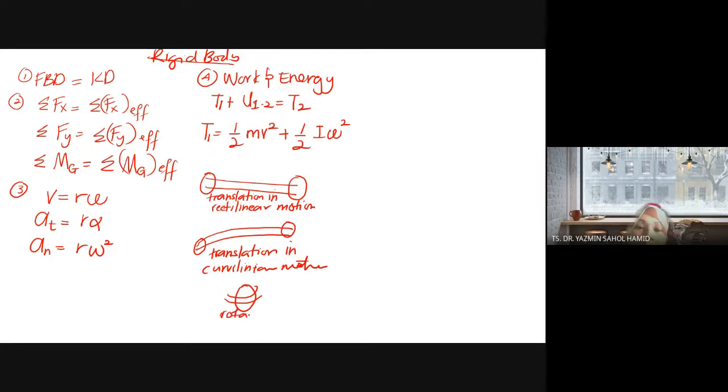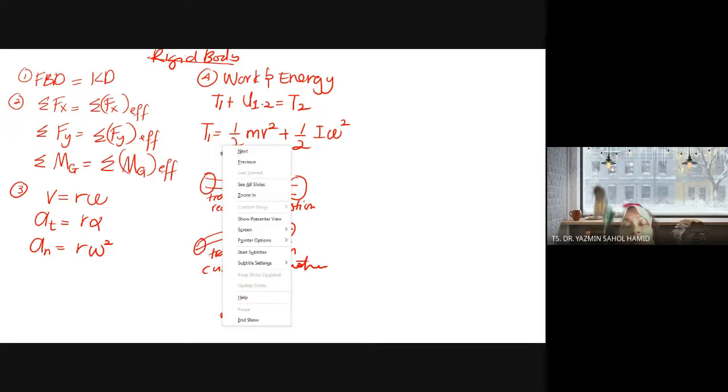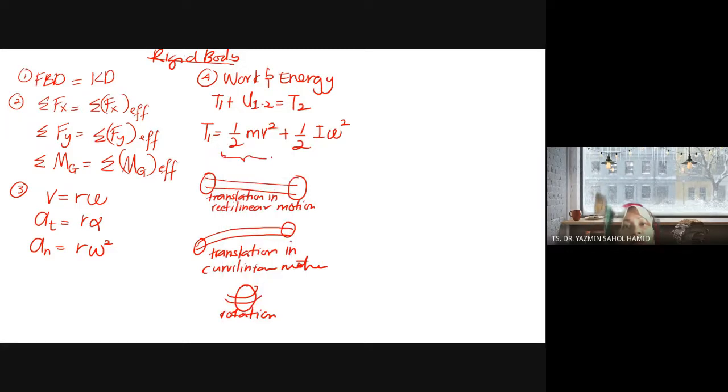So it means in the question you have to identify what kind of motion it is. There's a possibility you only consider 1 over 2 mv squared because it's only moving in a straight line. But there's a possibility that you have to consider rotation as well.